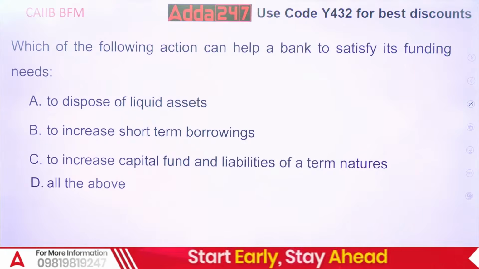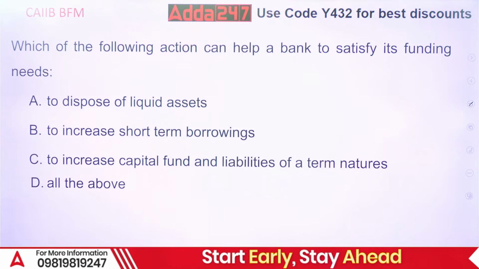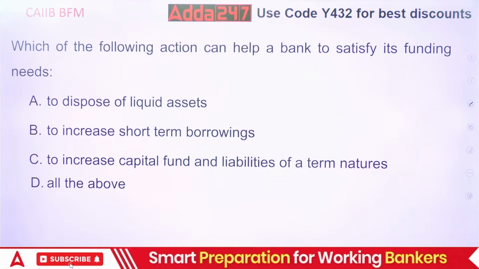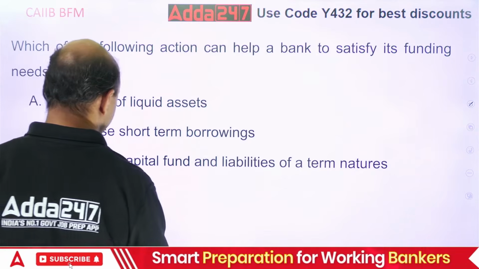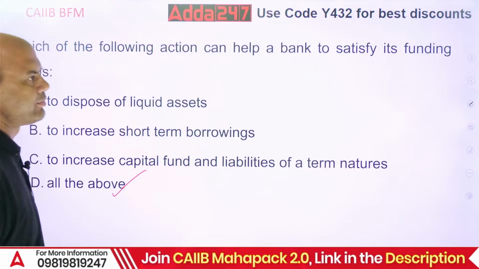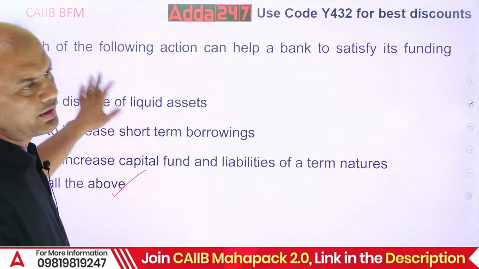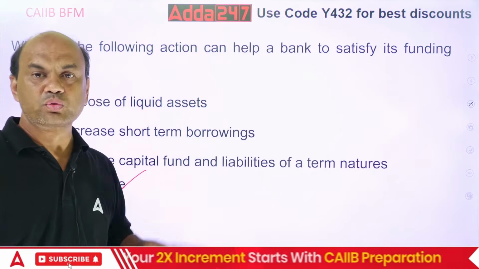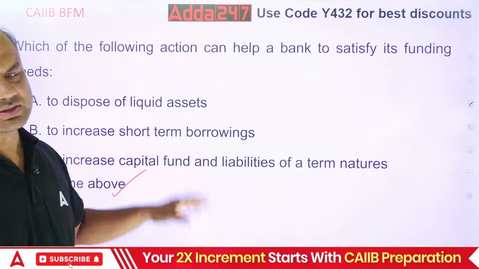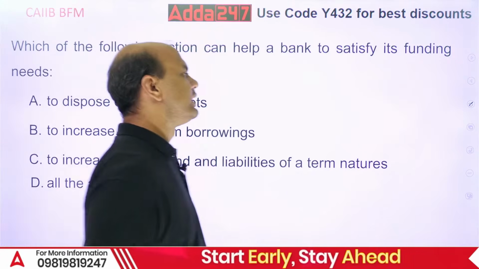It is D. Very good. This question is from module D. There are methods of satisfying the funding needs. There are two separate questions on this. So D is the answer.